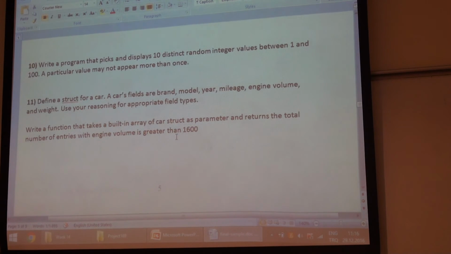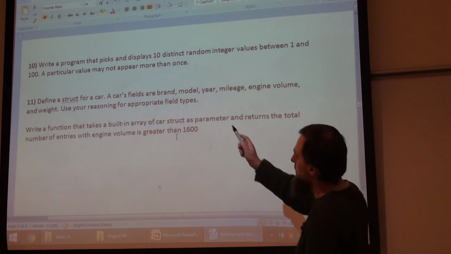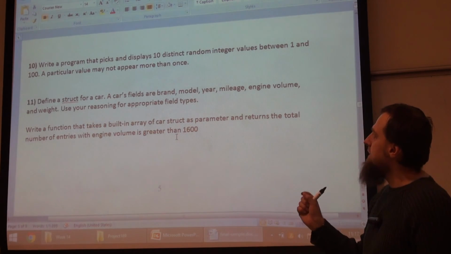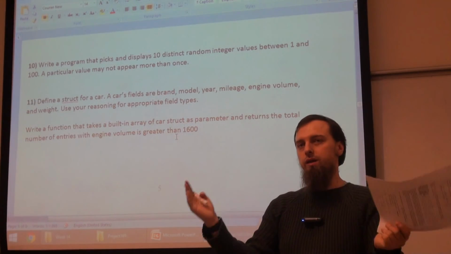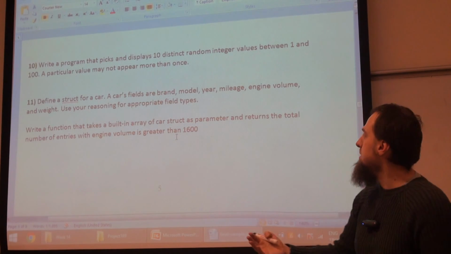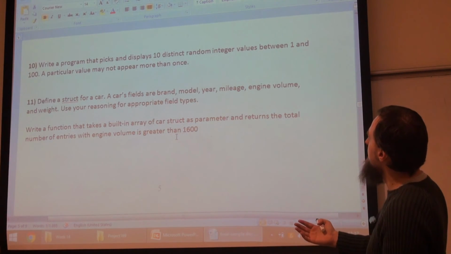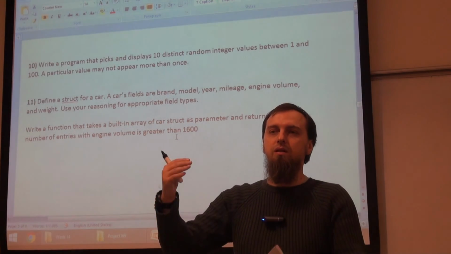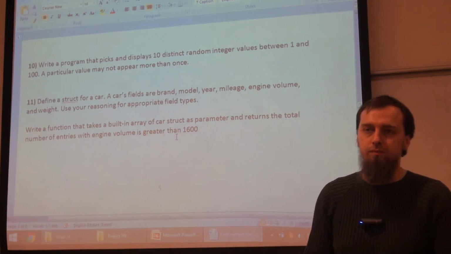Okay, so did you understand it or not? How can we do that? Can you give me an idea? We have the 10th question. We should pick and display 10 distinct, unique, unrepeated, random integer values between 1 and 100. And distinct means it cannot appear more than once.